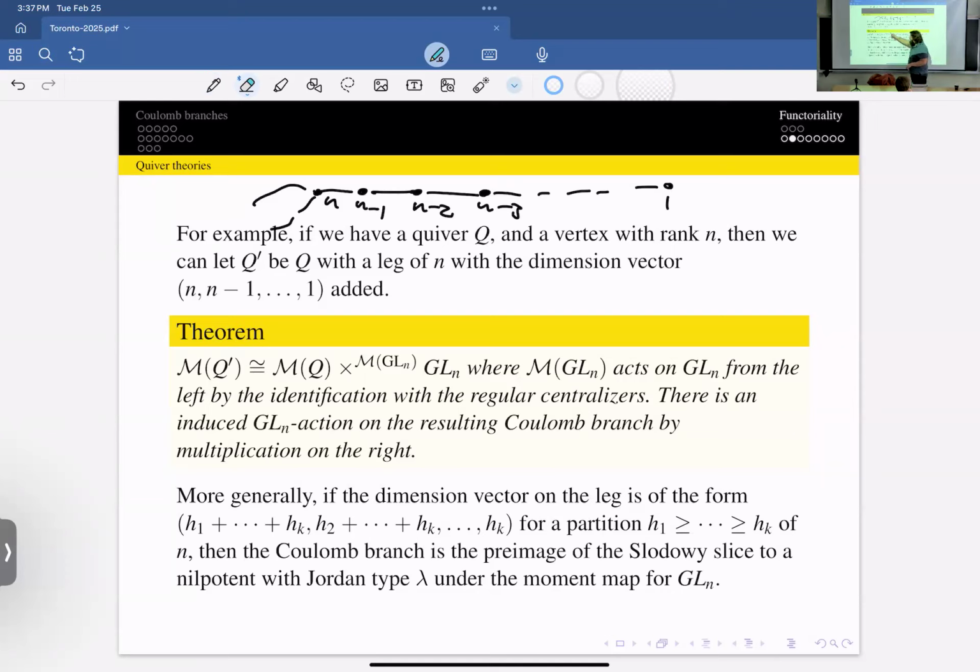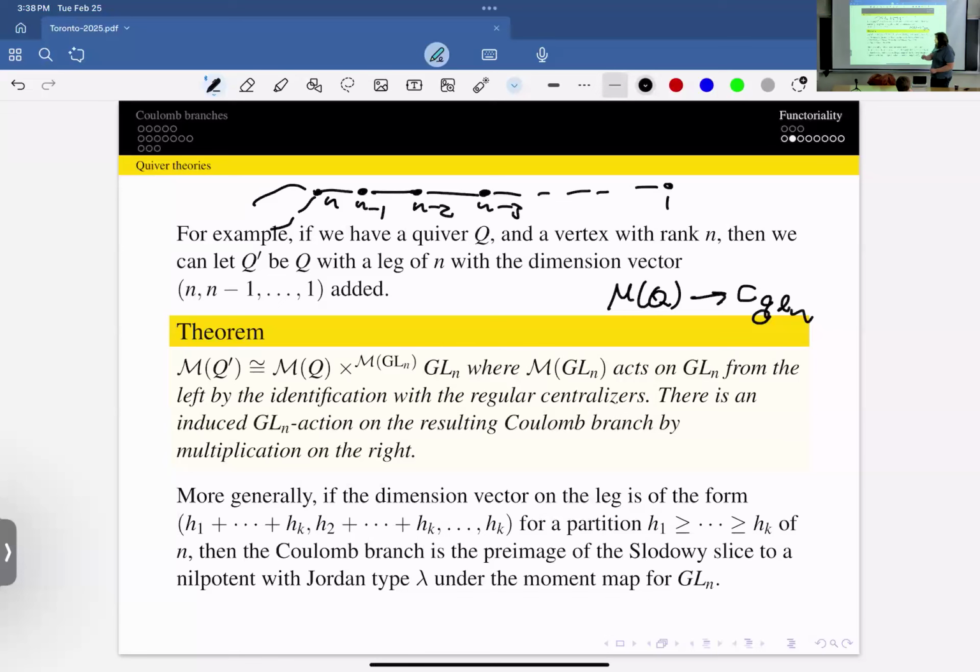And mod out by this M of GLN. So the way to think about this is because of this vertex with label n, I have that MQ already maps to this base for GLN, which I can think of as the degree n monic polynomials.